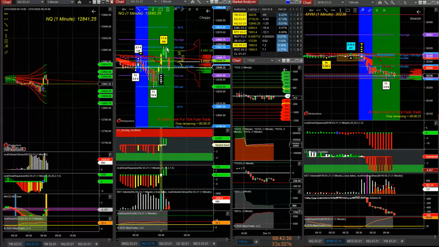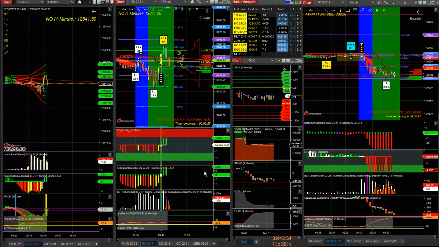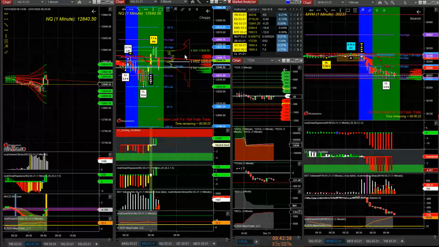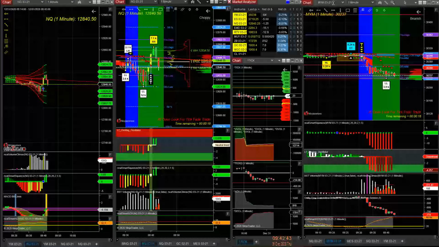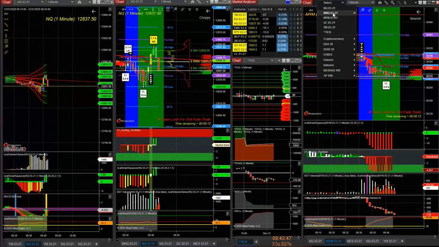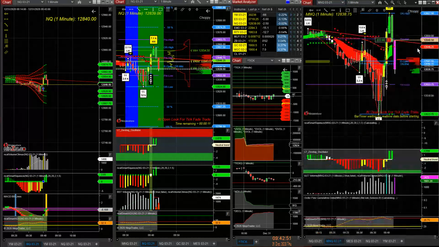Look at this guy, up above the value area here. It was a nice short on a micro, on an E-mini. Look, we're up 16 bucks. He's not doing nothing. This one is up 16, 19 bucks.